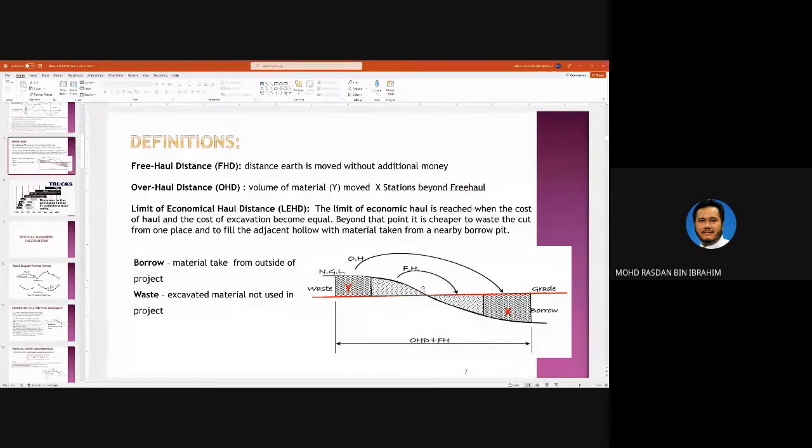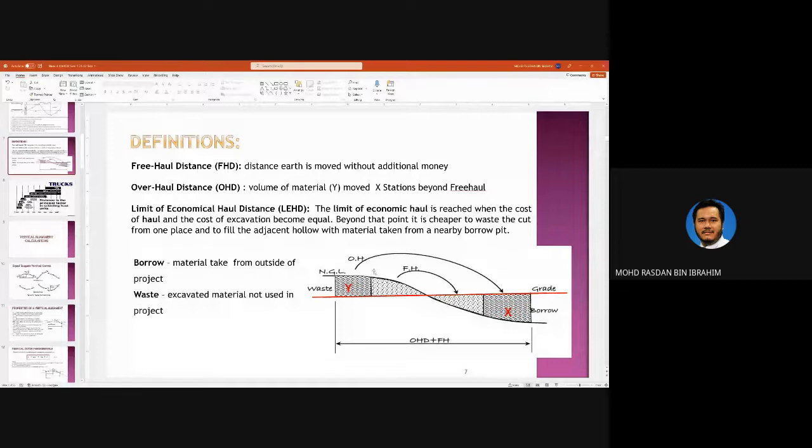It is a very short distance, so you can move this amount of earth without extra cost. Of course there is going to be cost, but that cost is still within acceptable value.